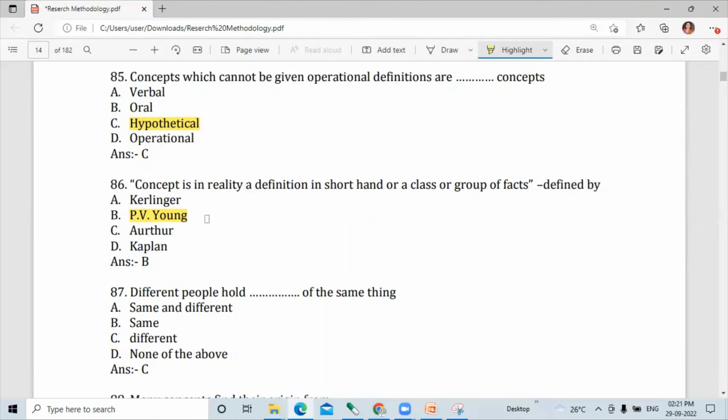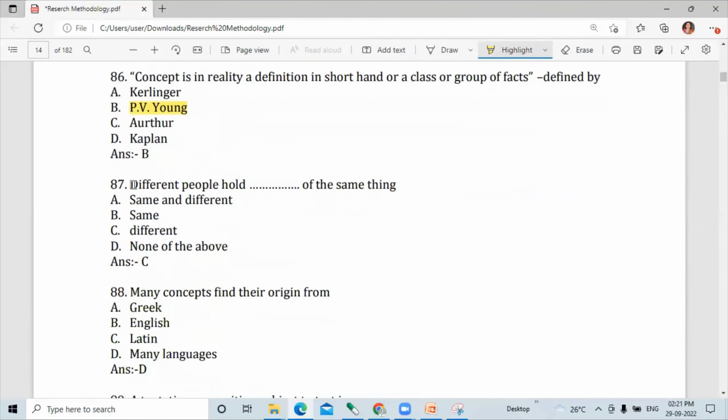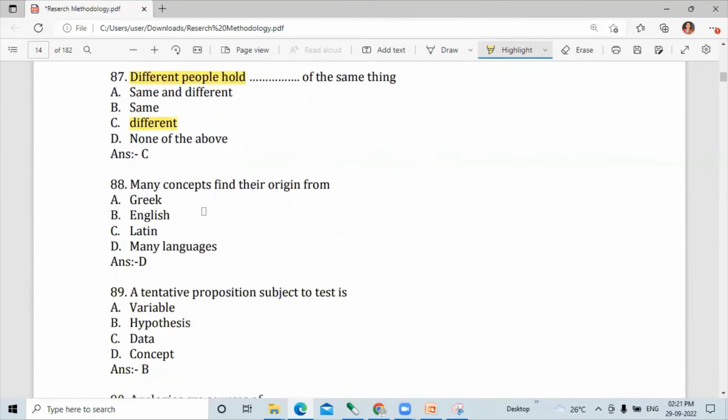That is defined by whom? That is defined by P.V. Young. Next, different people hold dash of the same thing. The answer is different. Different views of the same thing. Many concepts find their origin from many languages.